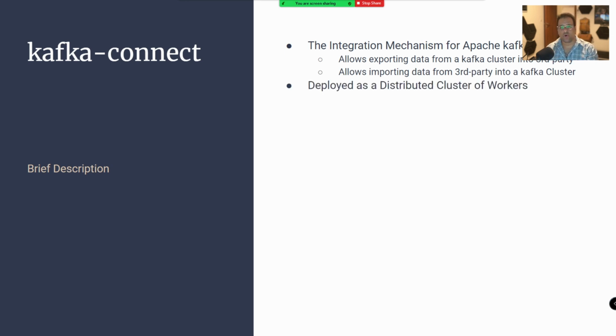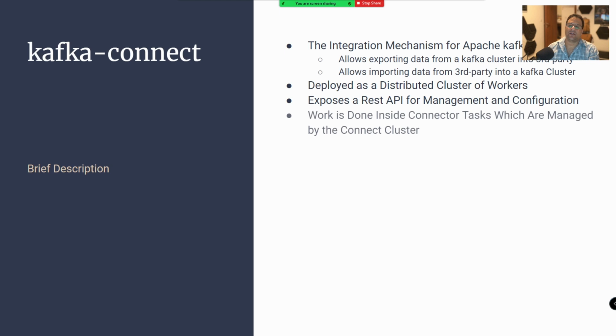Kafka Connect is deployed as a distributed cluster of workers, and it exposes a REST API for management and configuration, which we will use in the demos ahead. Work is done inside connector tasks, which are managed by the Connect cluster.